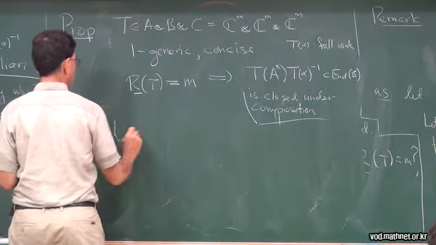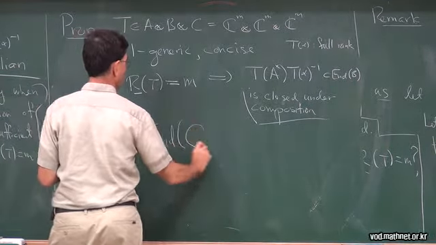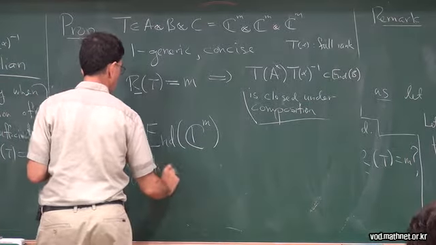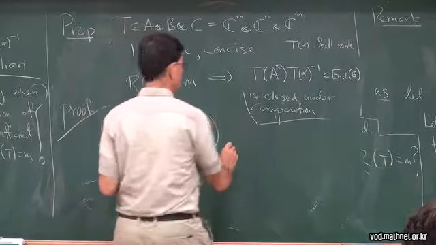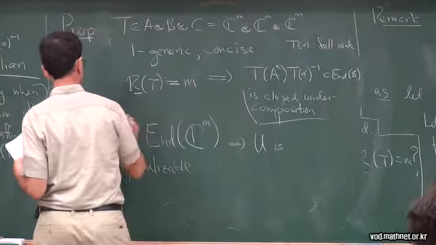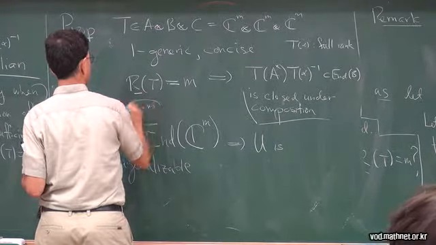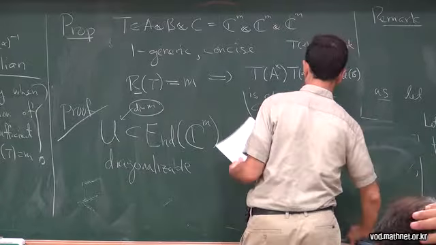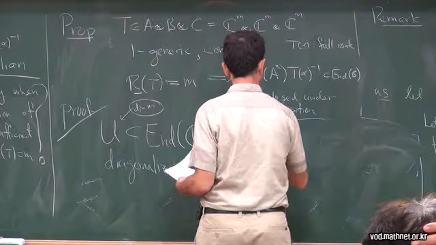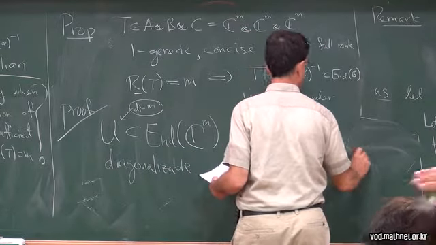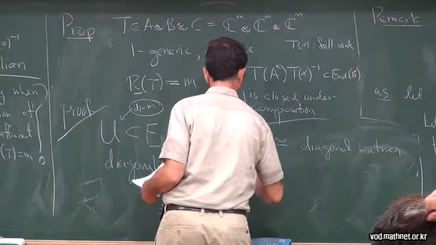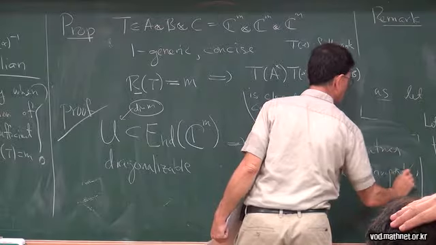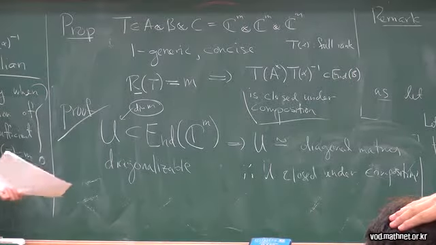So if I have any subspace U contained in the space of endomorphisms of some vector space, if this is diagonalizable, then U of dimension M, then U is equivalent to the diagonal matrices, and therefore U is closed under composition, because if I multiply two diagonal matrices, it's still a diagonal matrix.